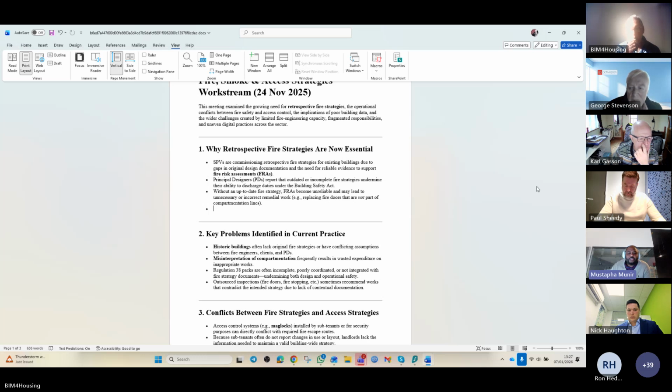So you can change the use, but you also need to take into account occupant behavior as well as profile. So I think it could be one point that we could talk about in terms of why retrospective fire strategies may be useful.